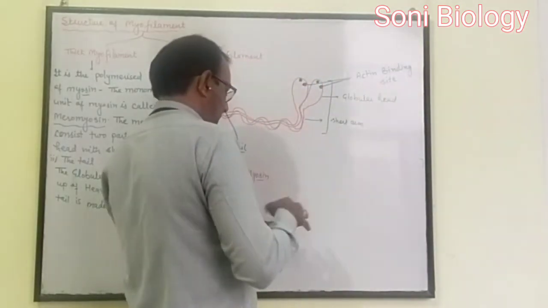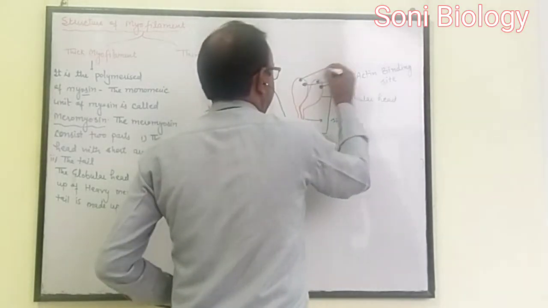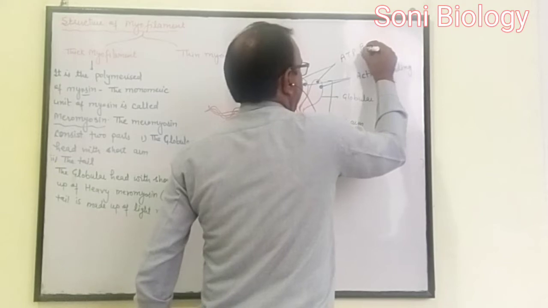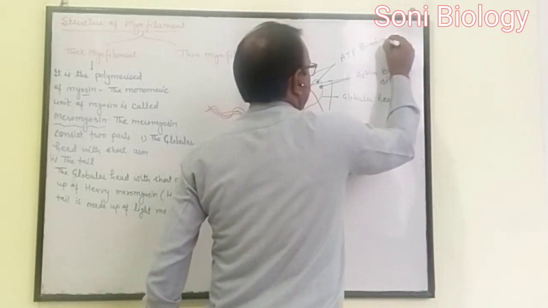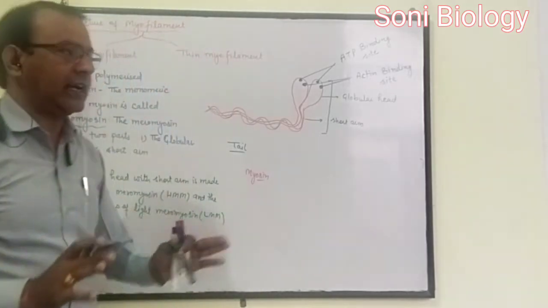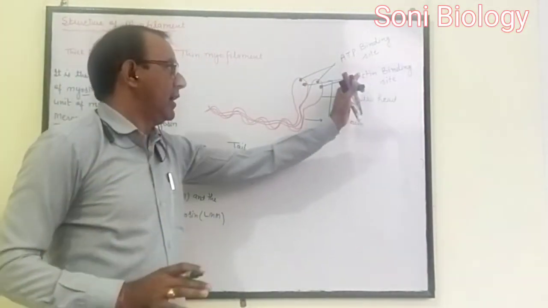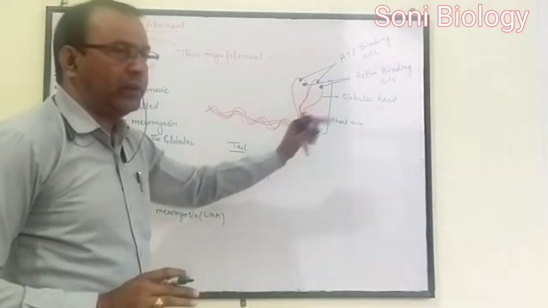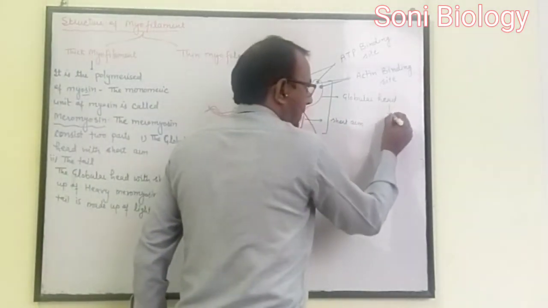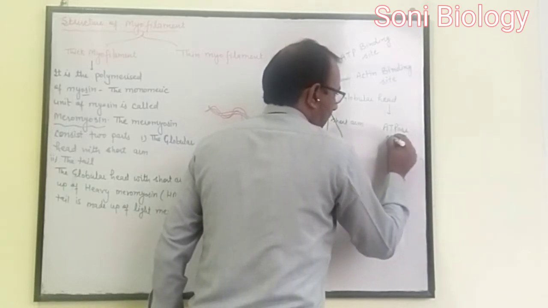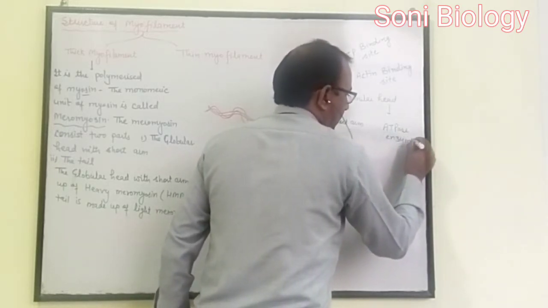And this one is the ATP binding site. The head consists of two binding sites. Globular head also acts as ATPase enzyme.